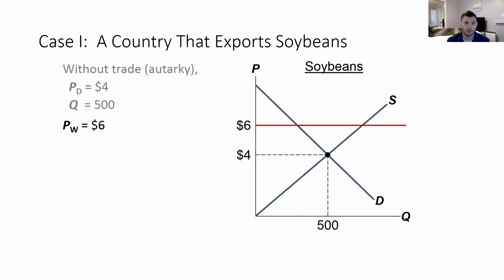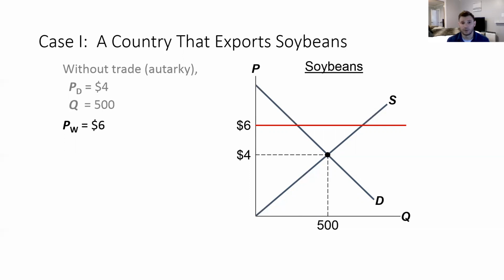The rest of the world's price is up to $6. So any seller that has the option to either sell it domestically at $4 or sell it in the world market for $6 would only choose to accept the price of $6. It wouldn't be rational for a seller to accept $4 when they could go to the international community, to the world price, and get the sale done for $6.